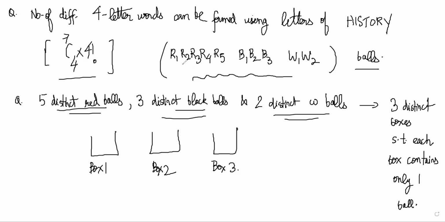Are you understanding here that the balls are different and the boxes are different? So if I put a red, red, red here, then the order matters. It matters which red was here and which red was here. If I put a different red, it is different from the other case, since the balls are also labeled.